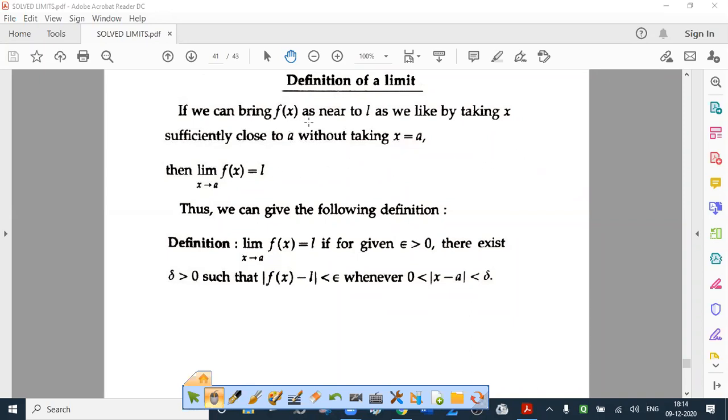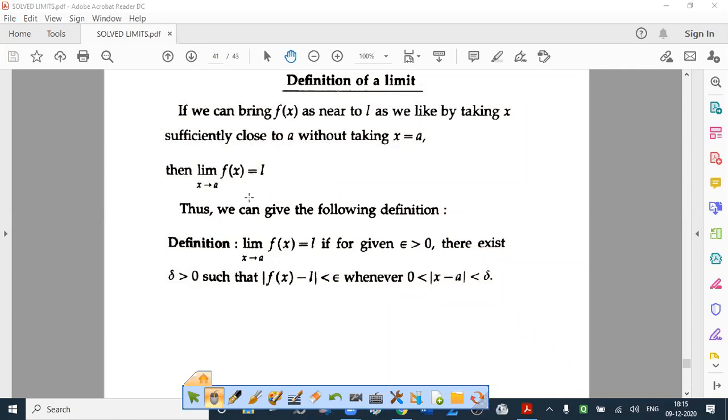If we can bring f of x nearer and nearer, very close to L as we like, by taking x sufficiently close to a without taking x equal to a, then limit x tends to a f of x equals L. I told you that as x assumes values nearer and nearer to a, f of x assumes values nearer and nearer to L, then L is called the limiting value of the function f of x as x tends to a.